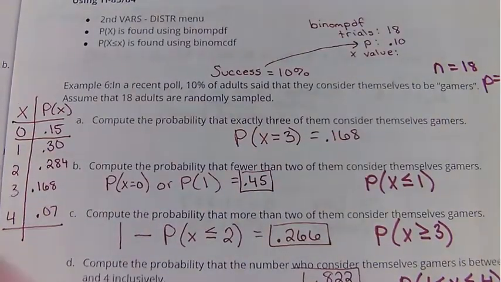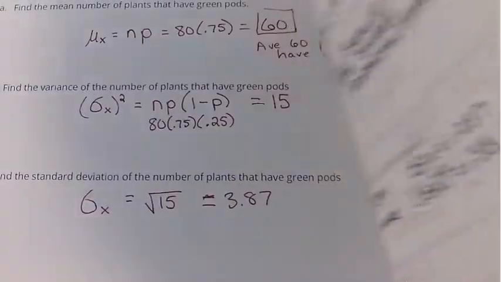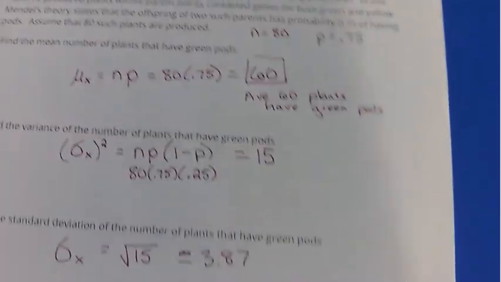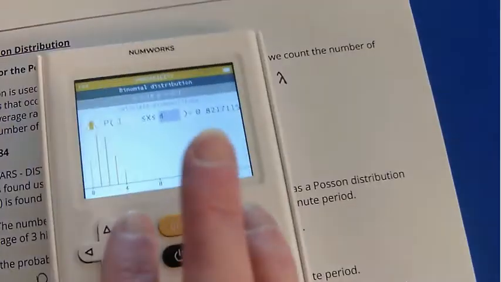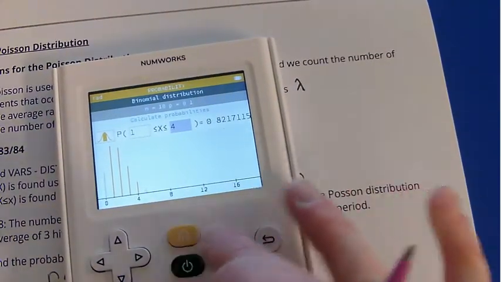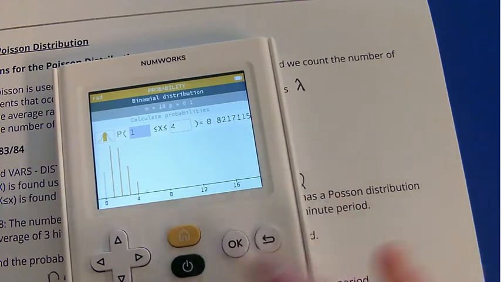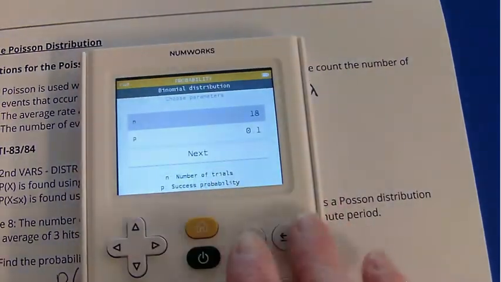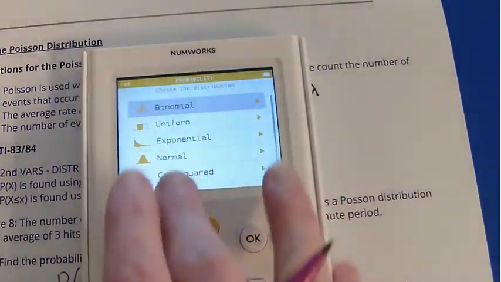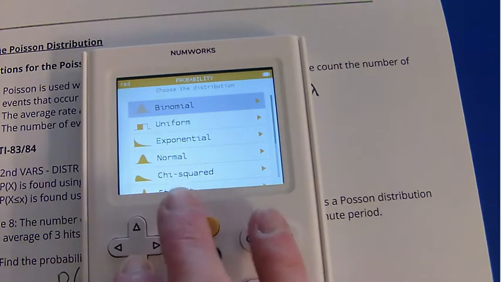Now, for the Poisson distribution, let me grab those. For the Poisson distribution, let's go back into the probability. We're going to back arrow a little bit till we get to the options for our distribution.